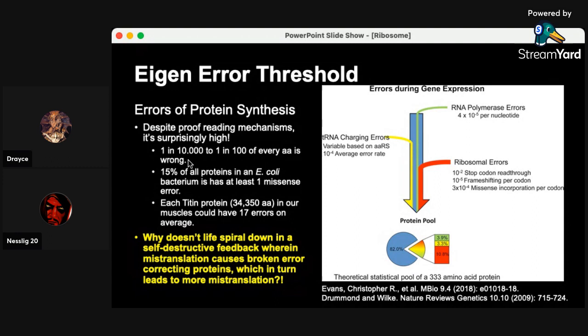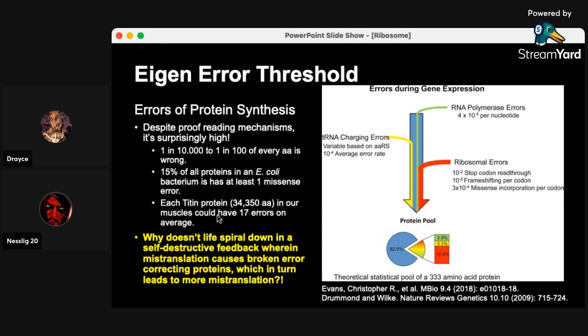It's between 1 in 10,000 or 1 in, I think it should be 1 in 1,000, not 1 in 100. I think so. Yeah, it's about 1 in 10,000 or 1 in 1,000 of every amino acid that is wrong because of the error rate. And it's pretty astounding, because what this means is that 15% of all proteins in an E. coli bacterium have at least one missense error, one misincorporated amino acid.